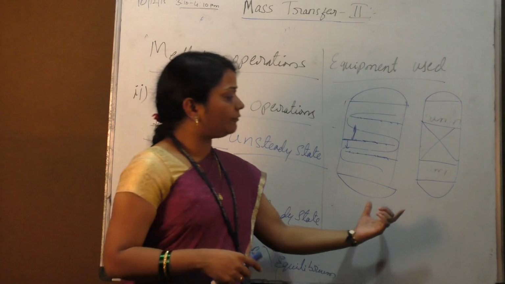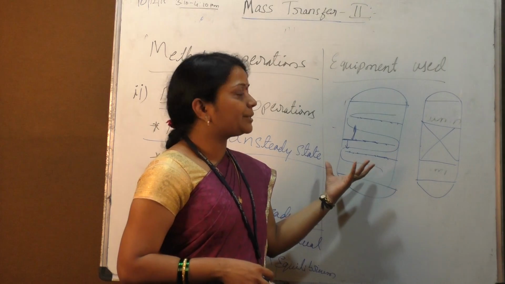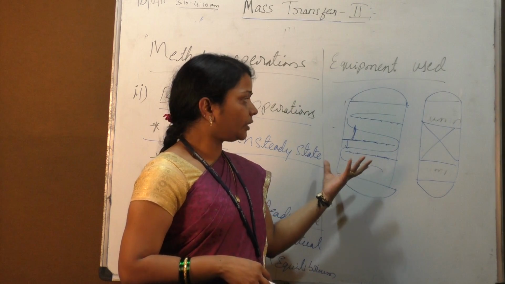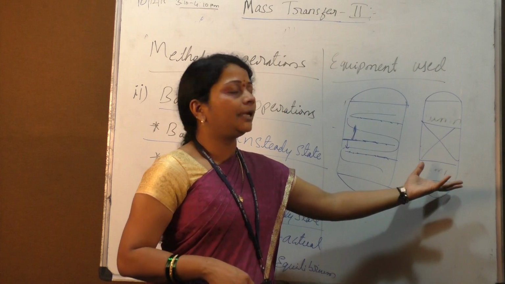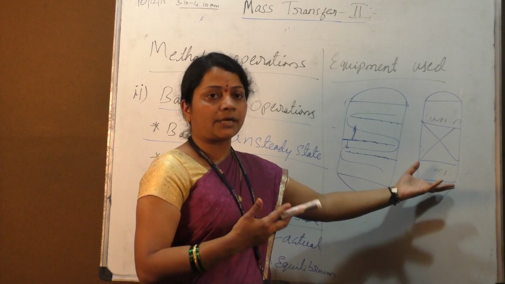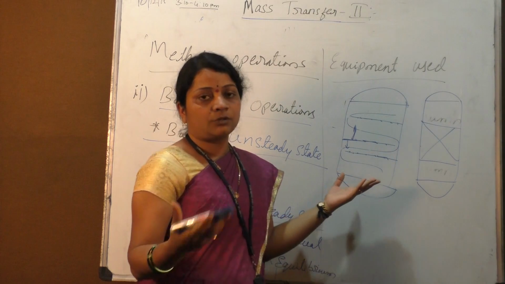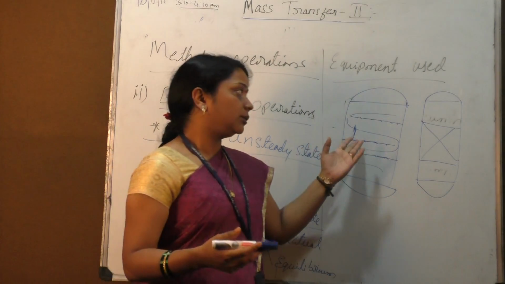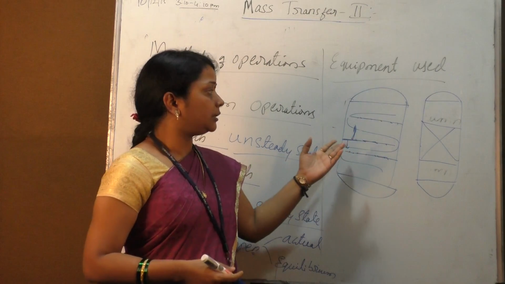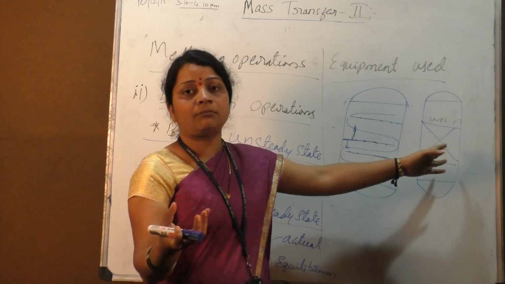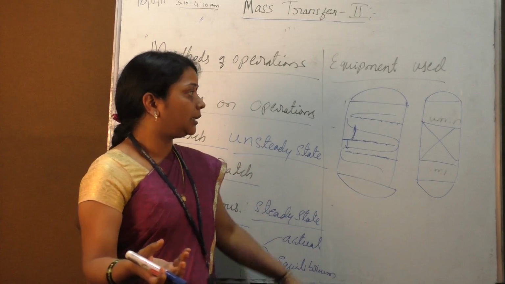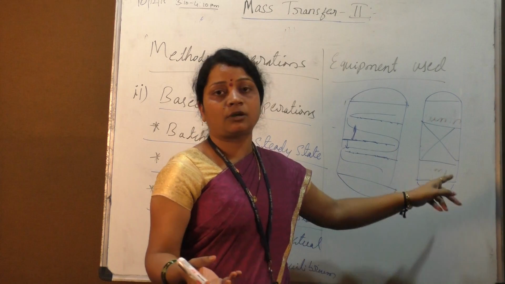In comparison, the pressure drop is more in the plate column, and the pressure drop is less in the packed column. And talking about another parameter, can corrosive material be used in this? No, we can't use corrosive material. So here we have different packing material for corrosive material handling, where it is not going to affect the column at all.